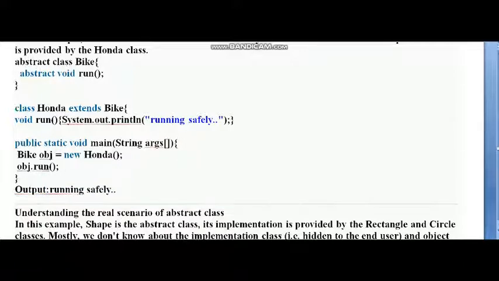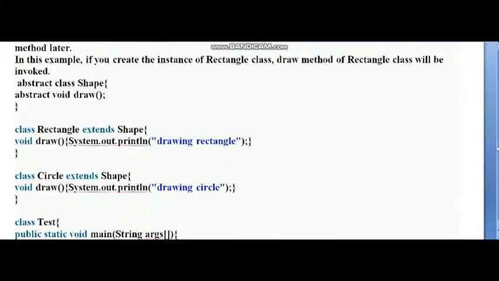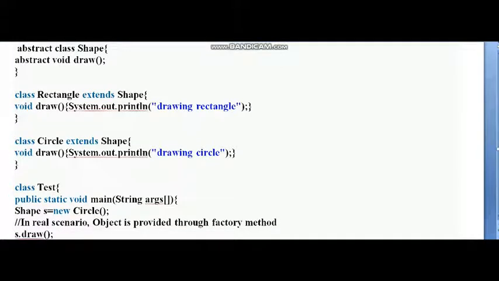Now let's get on to an example which is more on the advanced side, to make everything clear about abstract class. We have abstract class Shape, with abstract void draw, everything according to what I said. Next, class Rectangle extends Shape.